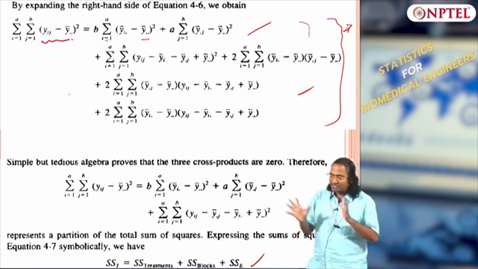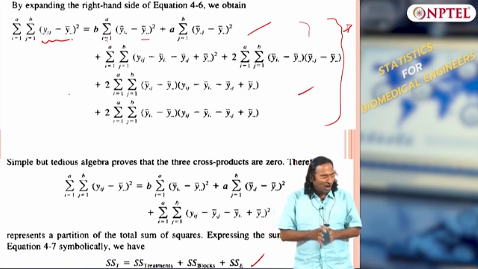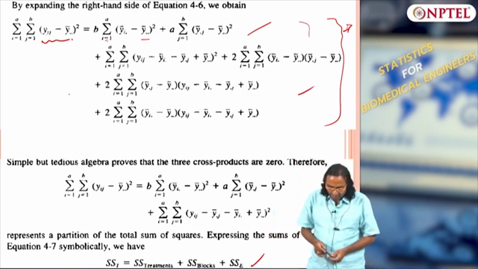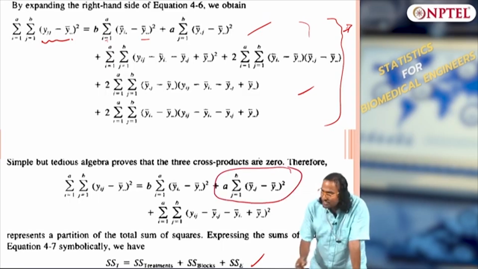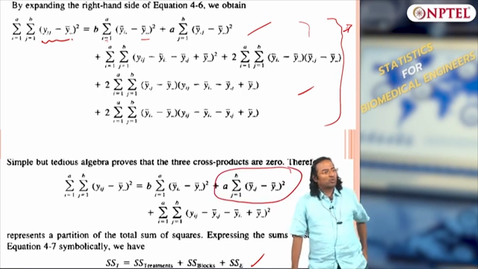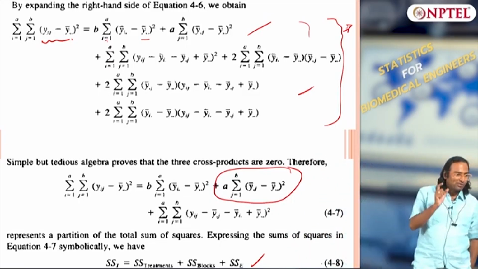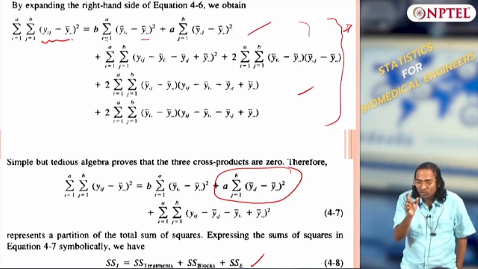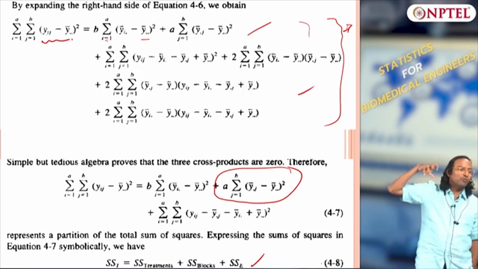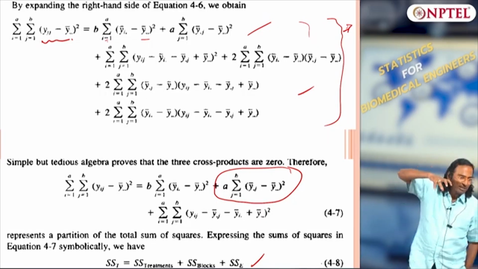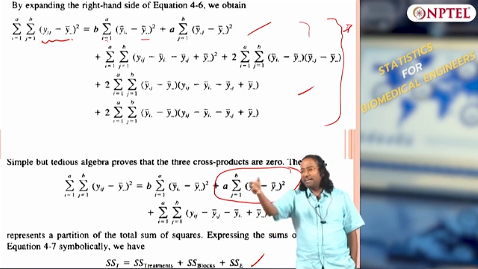That difference in SS is the advantage. It is a into the sum over j of y dot j bar minus y bar dot dot, the whole square. That is the variance benefit you are getting due to blocking, because you are pulling that much variance out of the noise in the sum squared error term and treating it separately.